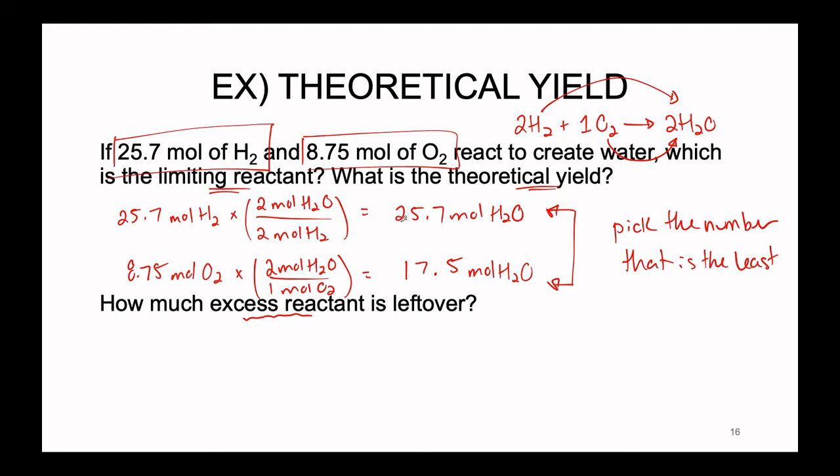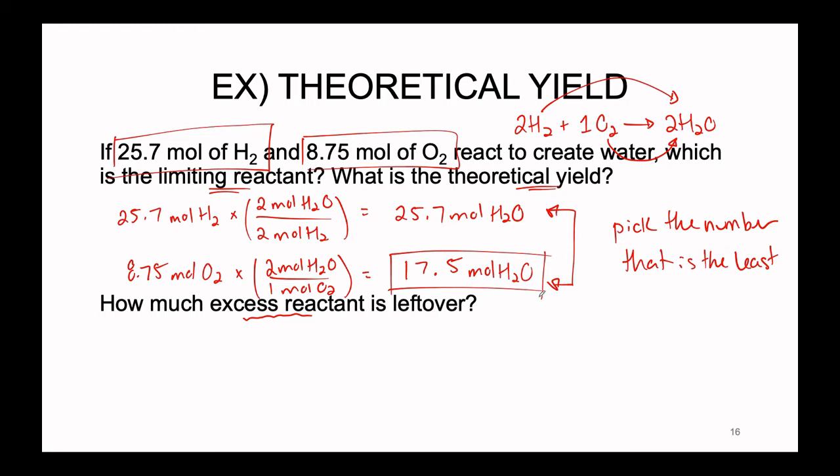So if we compare 25.7 moles of water to 17.5 moles of water, what these two numbers tell us is that if all of the hydrogen gets used up, we can make 25.7 moles of water. However, once all of the oxygen gets used up, we can only at most make 17.5 moles of water. This means that there's a discrepancy between these two values.